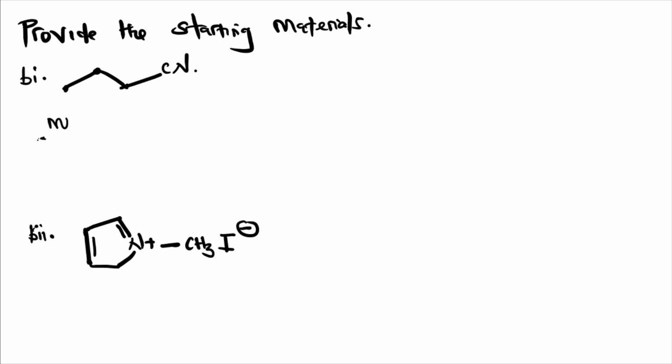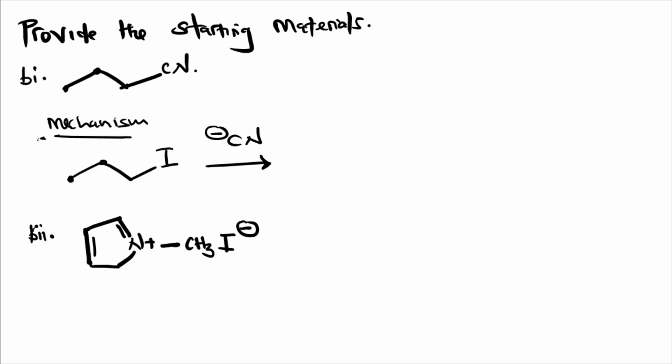You were going to react 1-iodopropane with this cyanide ion, and then this one was going to attack from the back. This one was going to leave, and then the transition state was going to be like this.